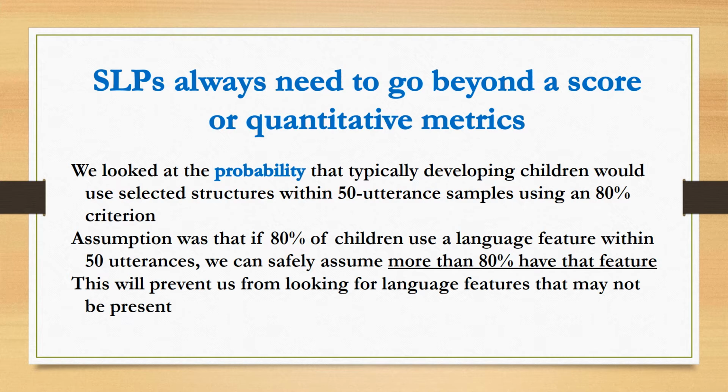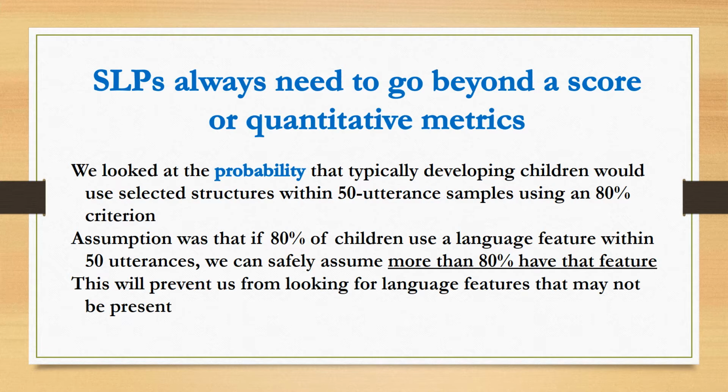When evaluating structures at each age, we used an 80% criterion. In other words, 80% of the children at a certain age had to use a given structure for us to say that it appeared. Our reasoning was that if 80% of the children at a certain age used a particular structure in a 50 utterance sample, it was reasonable to expect that other children at that same age would also demonstrate the same structure.